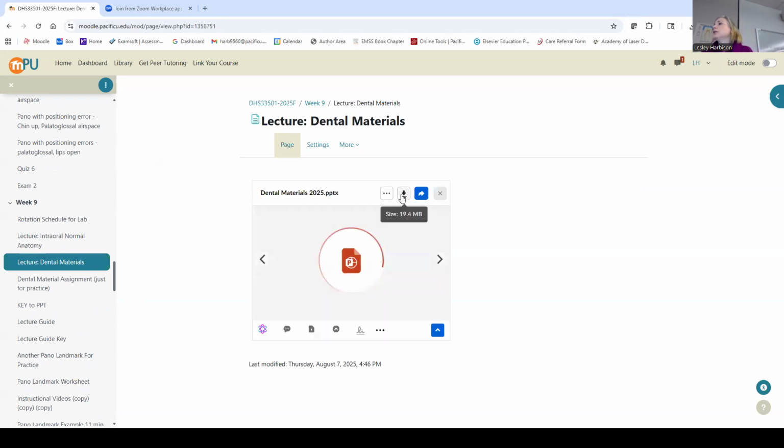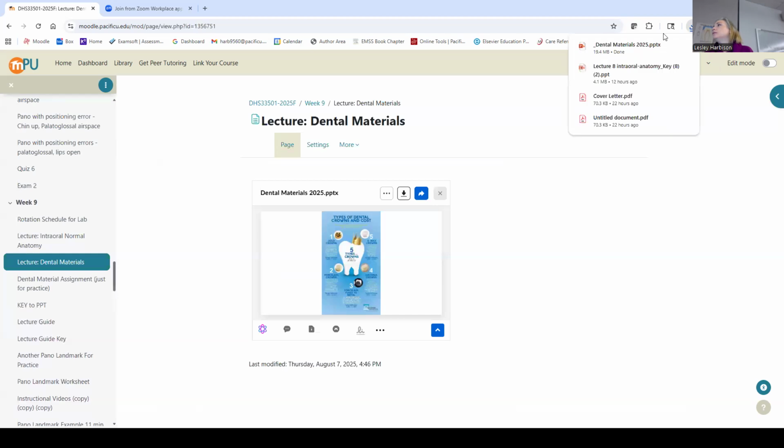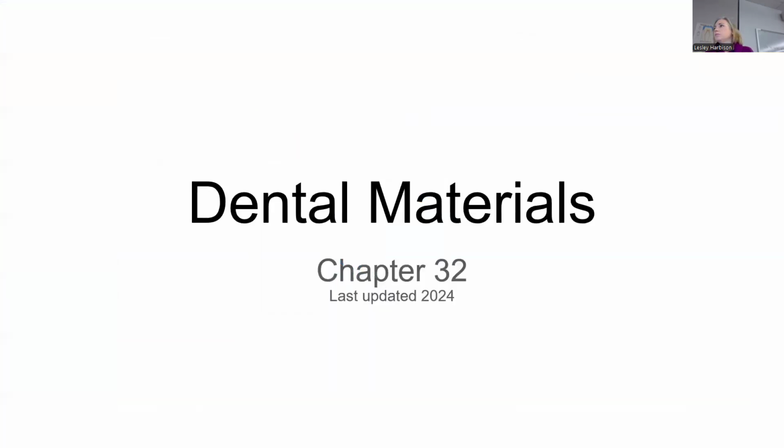Okay, so I'm going to open this up. For dental materials, this is definitely not inclusive of everything you might see, but it's giving you an idea of what's out there.